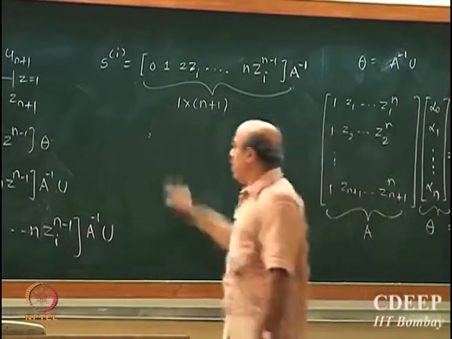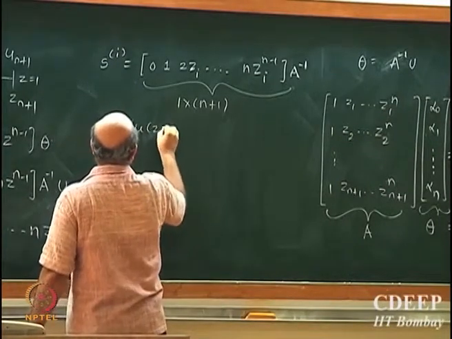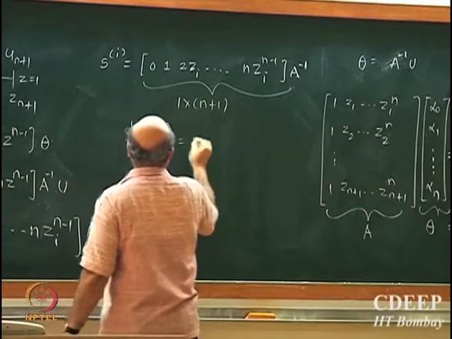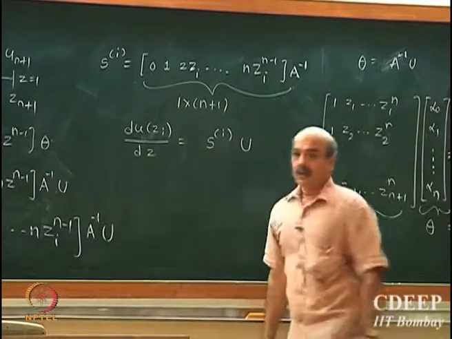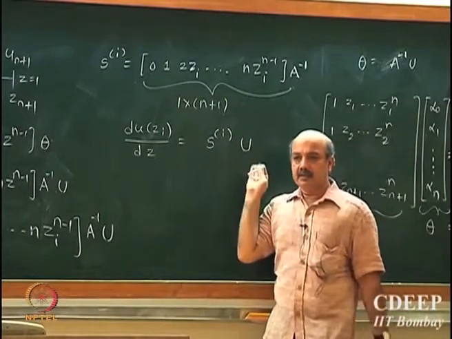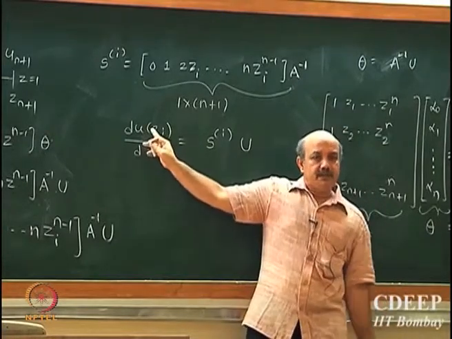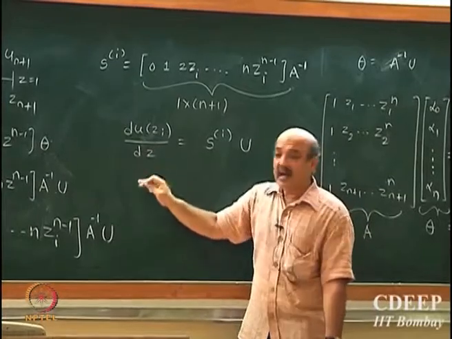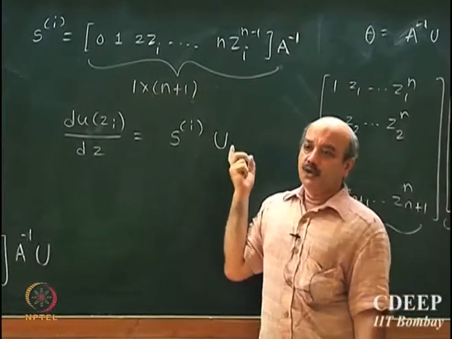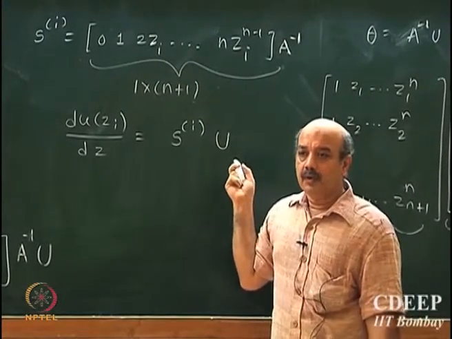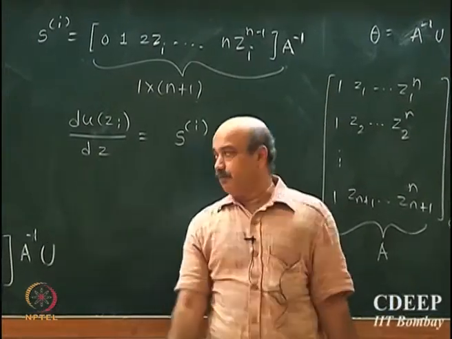And then I get a very simple expression: du(z_i)/dz is equal to Si into u. Is everyone with me on this? So the derivative approximation at the ith collocation point is this vector times u. What is u? u1 to u(n+1).